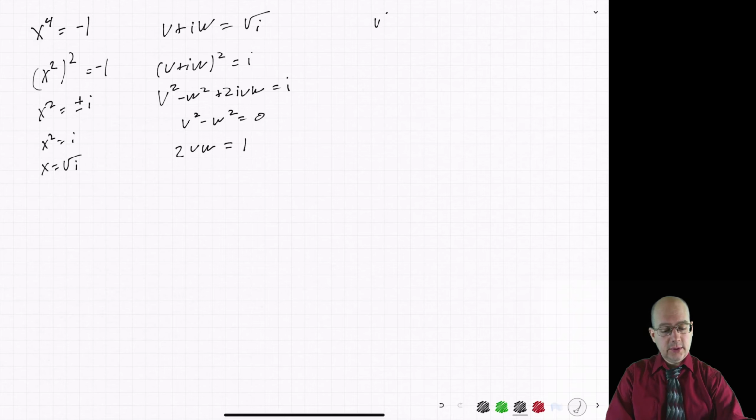We can solve in two ways. One is the equation v squared equals w squared means that v is equal to plus or minus w.